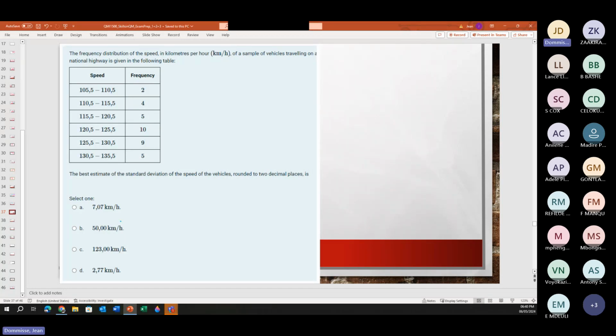Okay, the other one that I think was also very, very difficult to work out is this one that was shared, because again, if one looks at what they're asking us here, you need to use the data, and with this data, you need to work out a standard deviation.